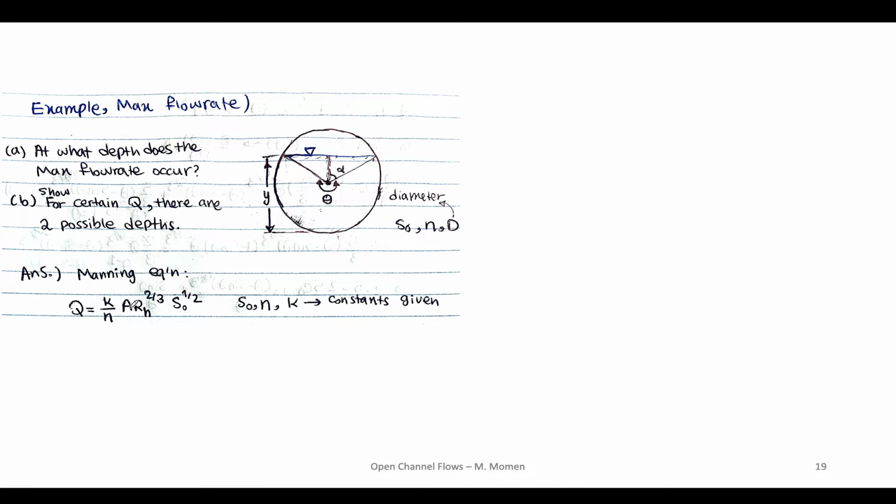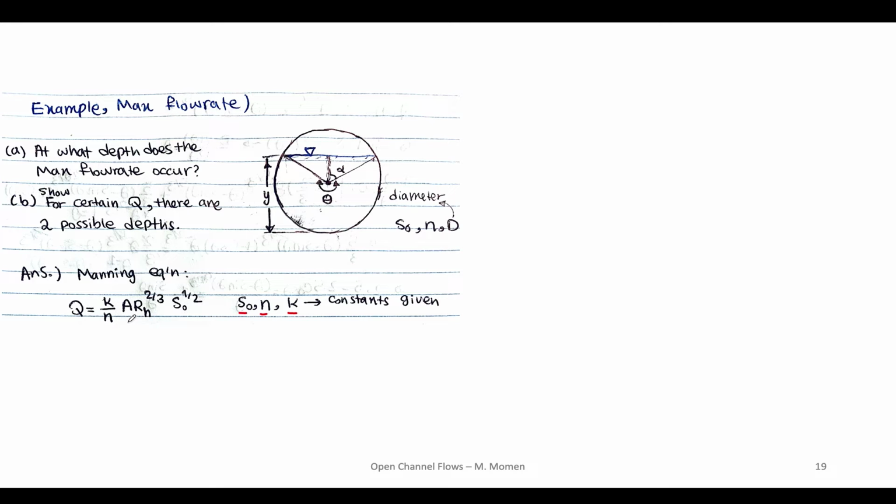A is the area, R_H the hydraulic radius to the power 2/3, times S naught, the bottom slope, to the power 1/2. So these are all constant and given in the problem. S naught is given, Manning's n is given, and kappa or k is also given. So these are all the constants of the problem.